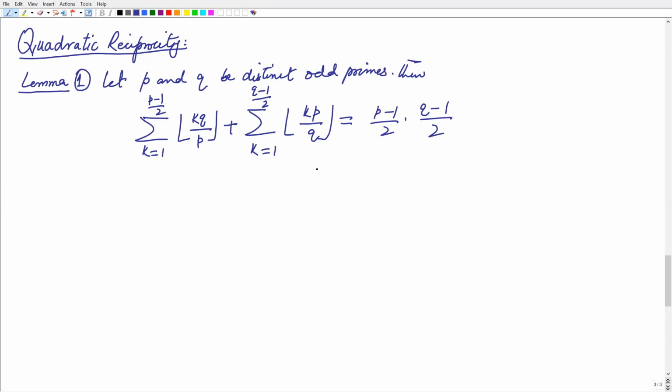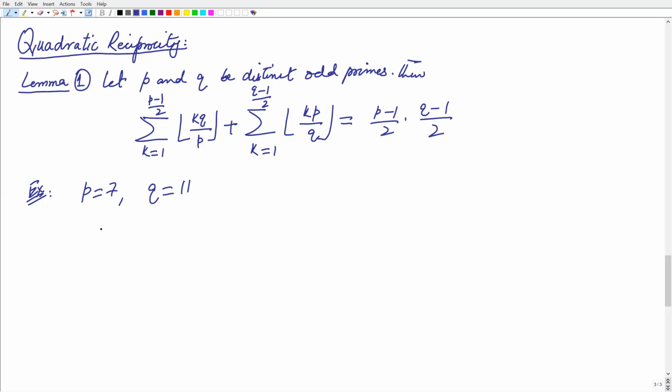Okay, so we are not interested in the actual proof of the lemma, but we can verify this lemma by some integers. For example, take some prime numbers p and q, say p is 7 and q is 11.